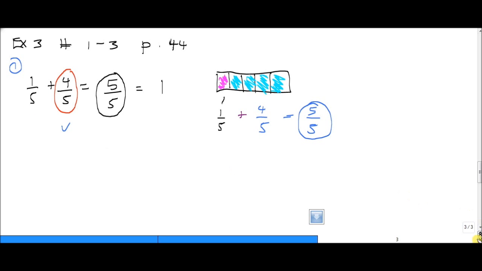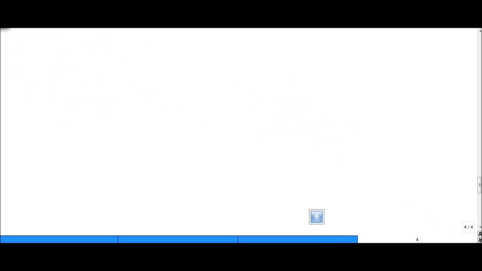Let's move on now to number 2. It says, what must be added to 6/10 to make a whole? So we have 6/10, and I need to add to it to get it to be 10/10. So 6 and what would make 10? 6 and 4/10 would make 10/10, which is equal to 1 whole.